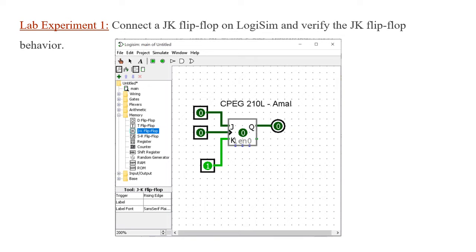To find and place a JK flip-flop in Logisim, you need to expand the memory group first, and then choose JK. Here you'll also find all the types of flip-flops you'll need for this lab. Notice that I've connected input pins for J, K, and the clock, and for the output Q, I've connected an output pin.